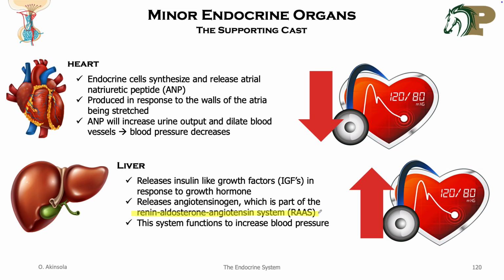Okay. So the renin-aldosterone-angiotensin system will be activated when blood volume or just body fluid volume is low. And as a result of that, the system is activated, and that will cause an increase in blood pressure in response to that low body fluid volume. Okay.